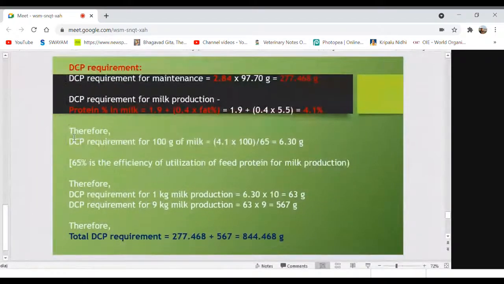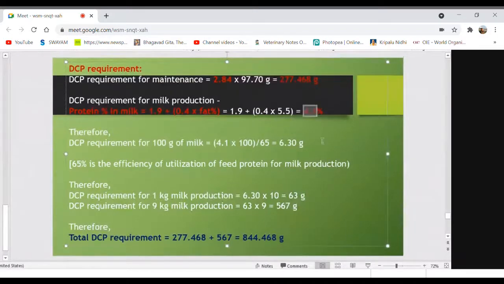Now, this is protein, this is not digestible protein. So to calculate the DCP requirement, it means this much protein is present in milk. Where will this protein come from? This protein will come from the feed, isn't it? Okay. So how to convert this particular quantity into DCP?